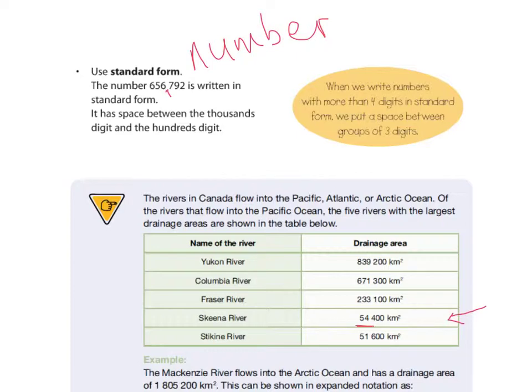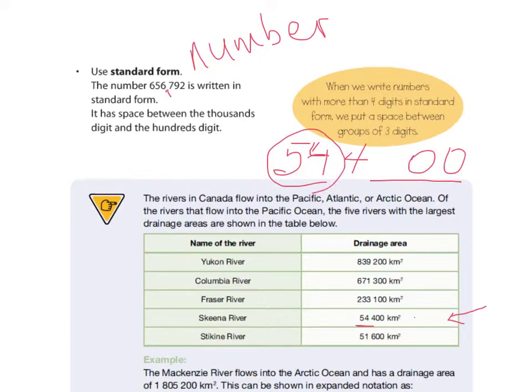So for example, you could not write that same number as this and then space or space 00. That would not be correct. You have to have 3 digits in the back, and then you can have less than 3 digits in the front like they have there.